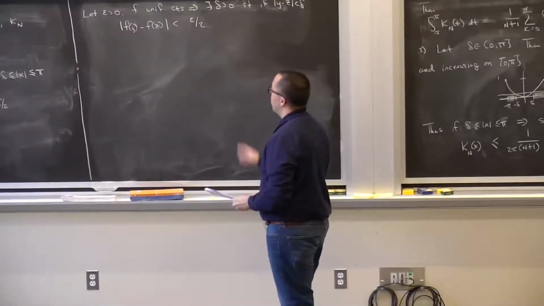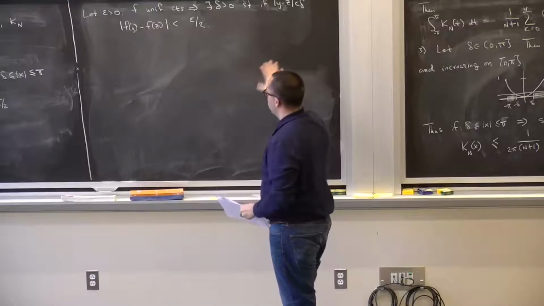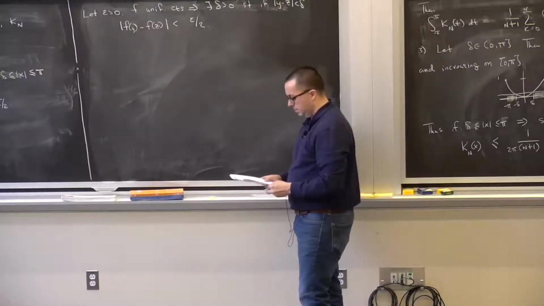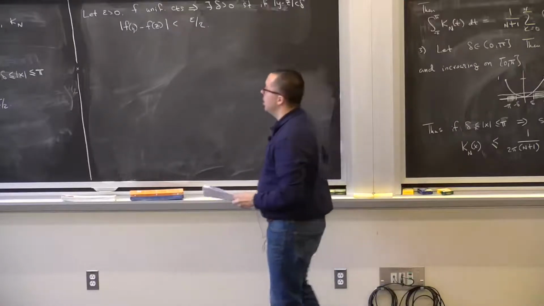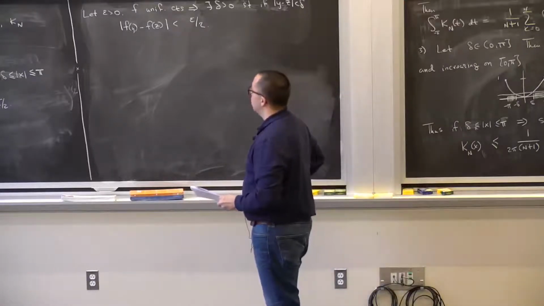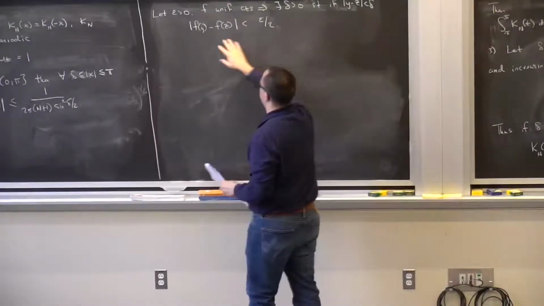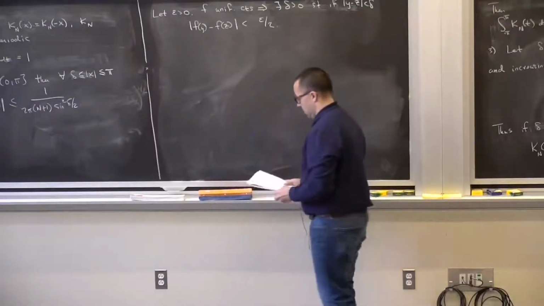Okay? So now what we're going to go through is make that argument, which I just erased, actually precise. So here we're saying if any 2 points are sufficiently close, f is going to be close in value.